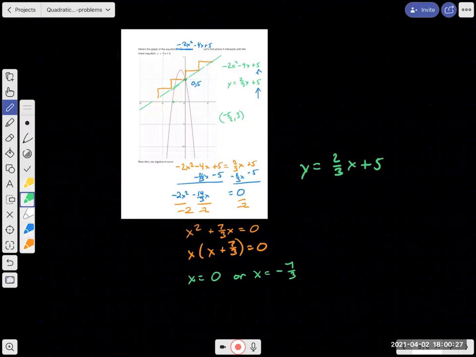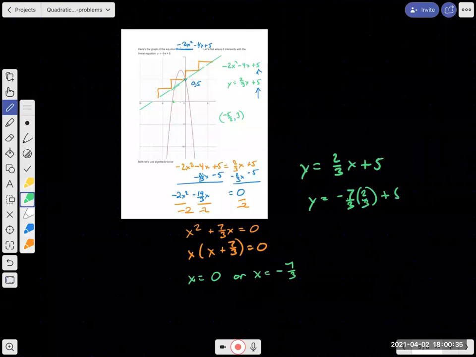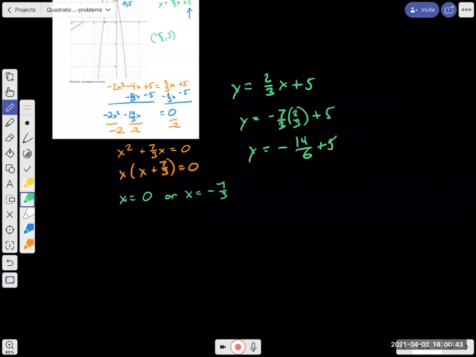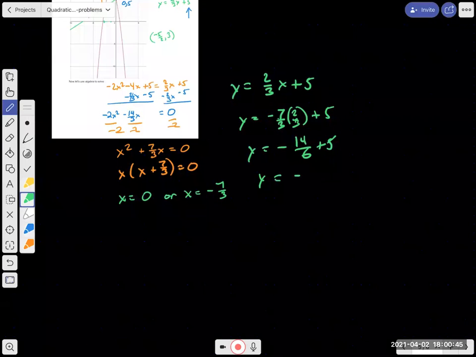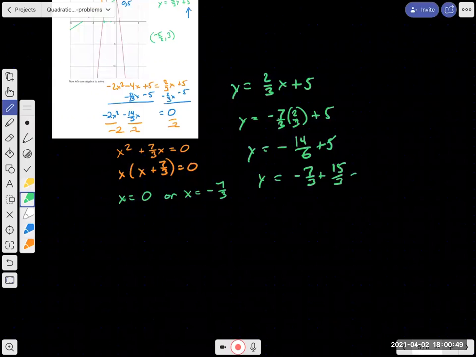So y equals minus 7/3 times 2/3 plus 5. So y equals minus 14/6 plus 5. Y equals minus 7/3 plus 15/3 equals 8/3.